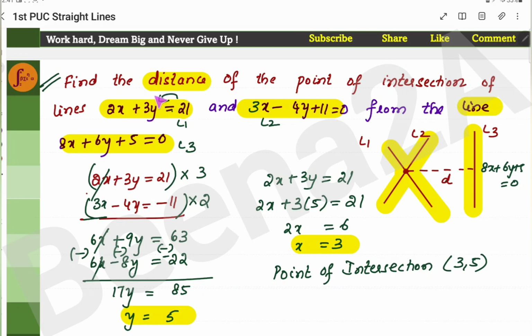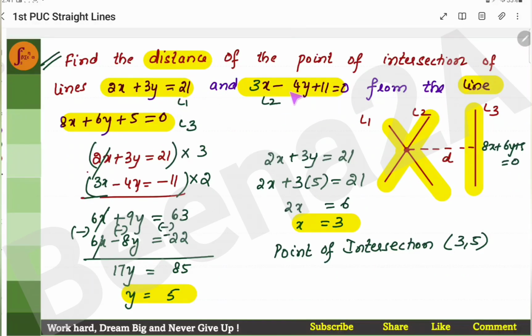So shift this here, so it'll become minus 21, right? And here it's plus 11. And when you're solving the equations, when you're trying to find the intersection point, both should be in the same format. Here you have equal to 21, here you have plus 11 equal to 0. So shift this here. When 11 comes this side, it will become minus 11, like this, right? Both should be in the same format, right?